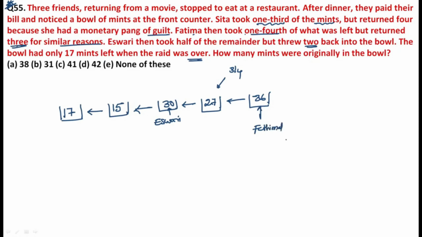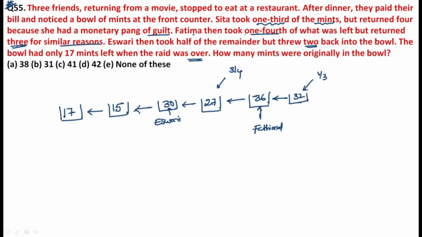Now there is the first portion, Sita. We already know that Sita returned 4 to the bowl. After replacing 4, we get 36. Otherwise, it would only be 32. Now, she took one third of the value and returned 4.